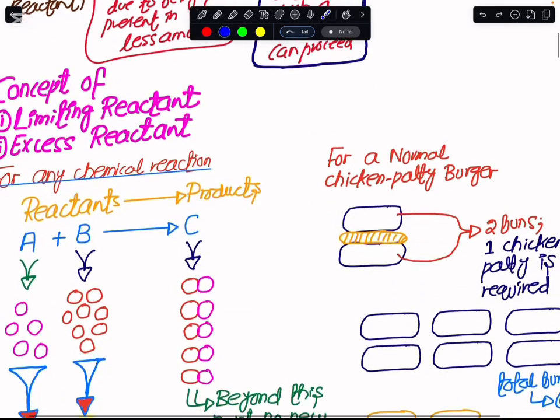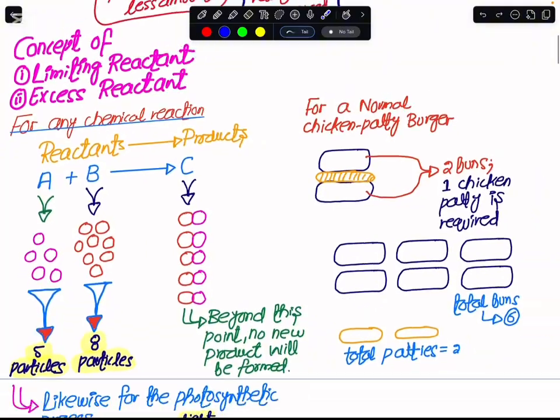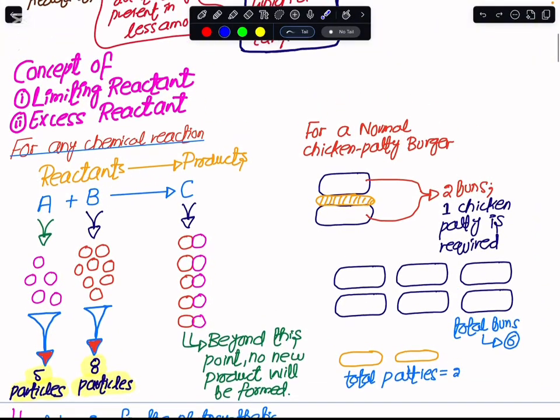Now, if I were to make this point very clear to you, you have to consider a situation. I would give you an example from daily life and a very general chemical reaction where I have reactants A and B being converted into the product C. For reactant A, I have a total of 5 particles, and for reactant B, I have a total of 8 particles.